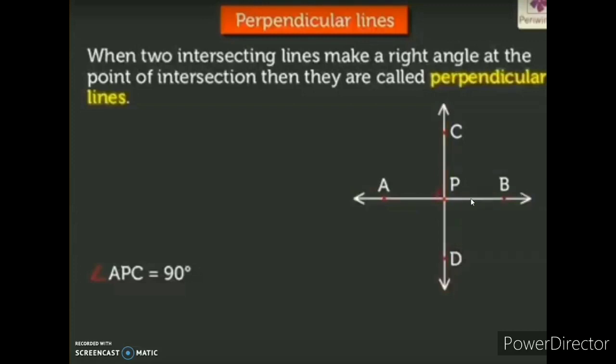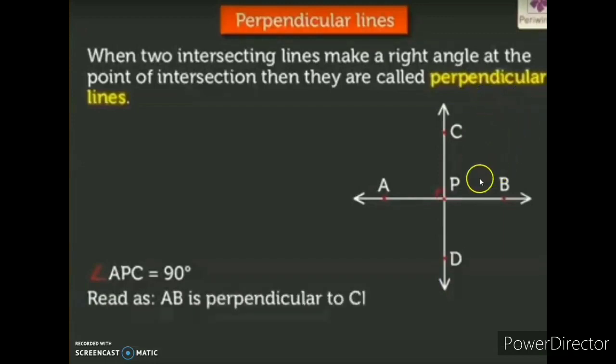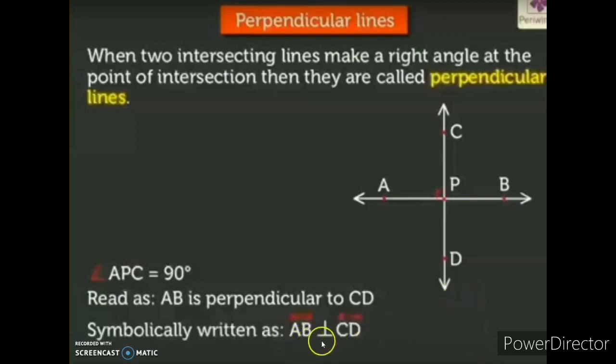Okay? So we read it as AB is perpendicular to CD. Symbolically, we represent it like this. Okay? So we see all angles are 90 degree.